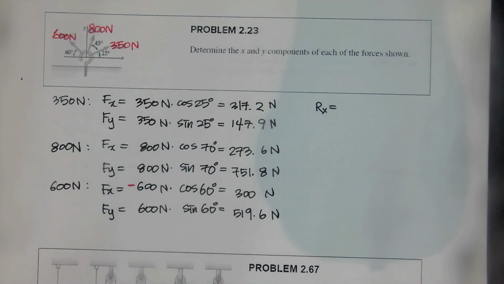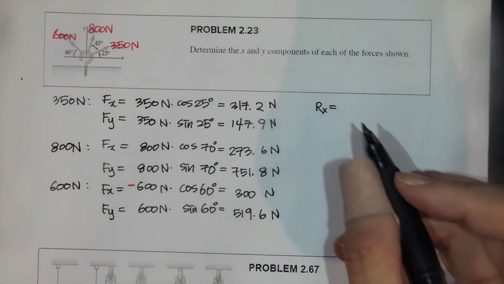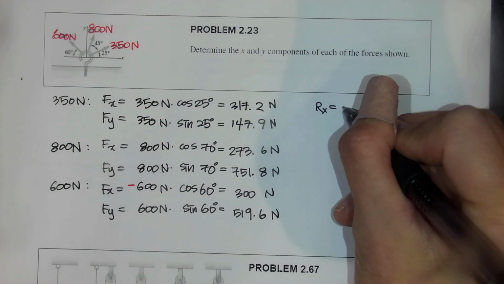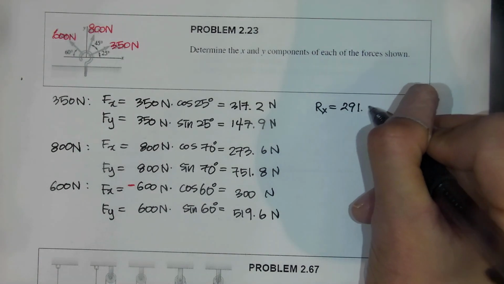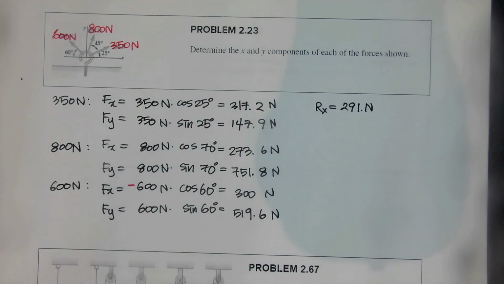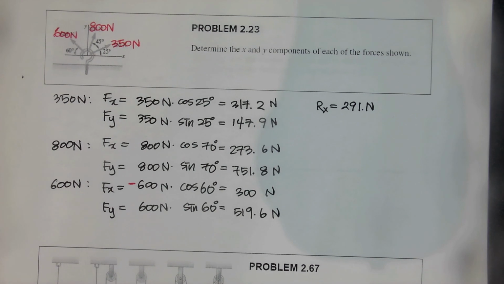Okay, then now resultant. What did you get? So if you calculated resultant, what's Rx? Anyone who can share? 291. Okay, this is close enough. Yeah, I have 290.8 Newton. Yep, after rounding it is great.